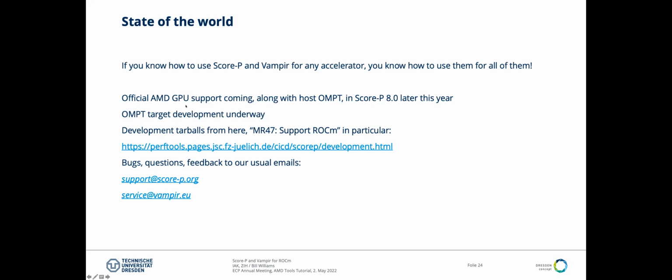We are working with the tools working group there to make sure that we actually can work with real runtimes. Here's a link for where to get development tarballs if you want to get a jump on things. And we will, of course, take bug reports, questions, and feedback at our usual support emails.